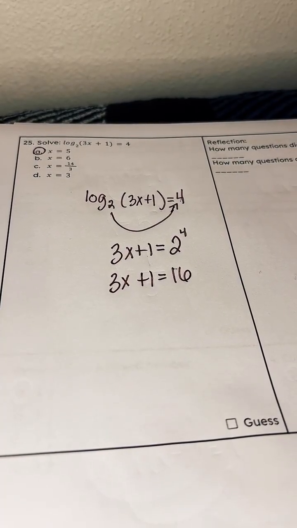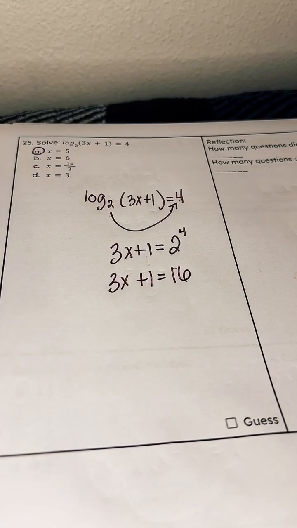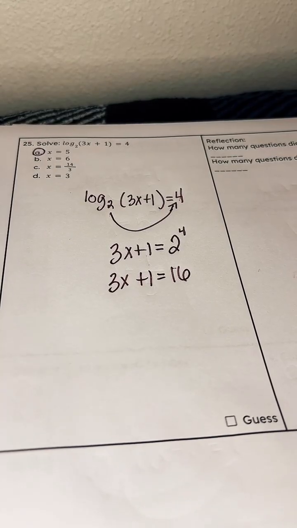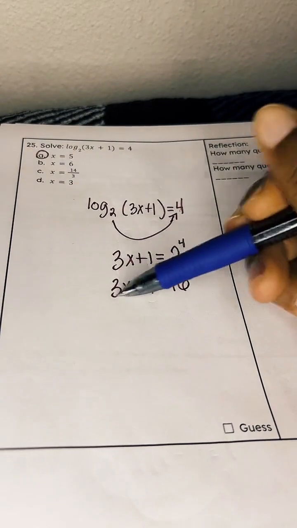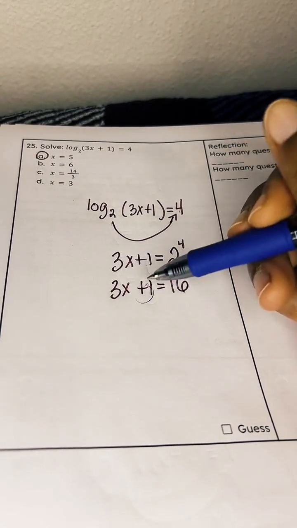What are we doing now? Divide by 3. Minus 1. Good. Subtract. Yes. Before we can divide, we have to move this.